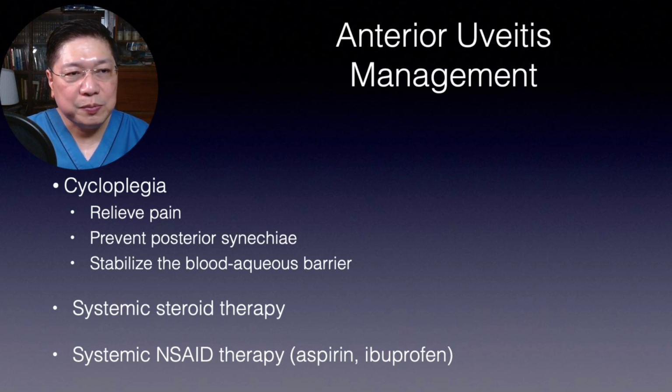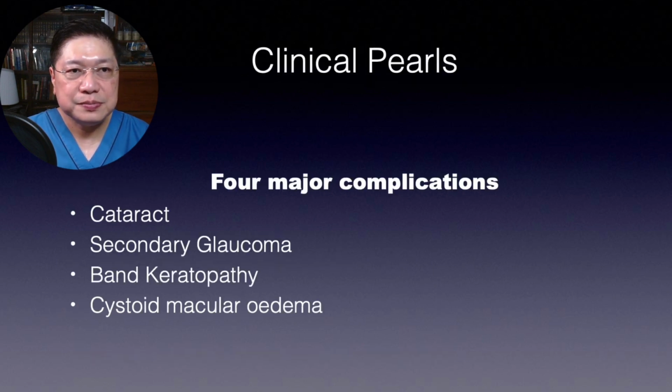And the cycloplegia will also stabilize the blood aqueous barrier. We also need to give them systemic steroids, not just eye drops, and NSAIDs, usually aspirin and ibuprofen, to help with the treatment, so you don't have to increase your steroids to a very, very high level.